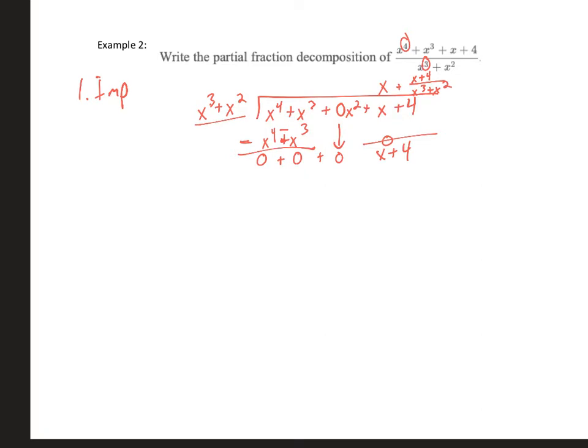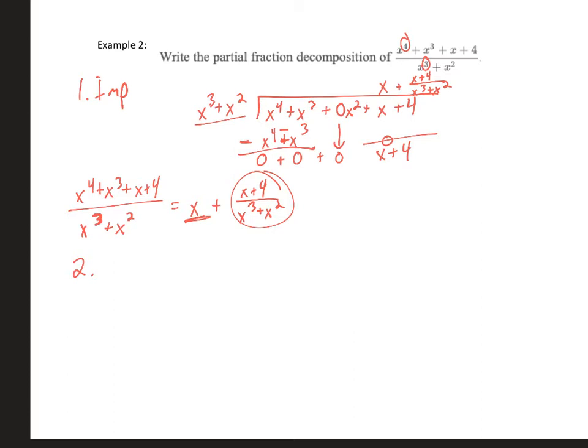So what we're really saying is our original problem, x to the 4th plus x cubed plus x plus 4 over x cubed plus x squared, yikes, can be rewritten as x plus x plus 4 over x cubed plus x squared. I'm fine with this x, but I've got to decompose this guy into simpler fractions.